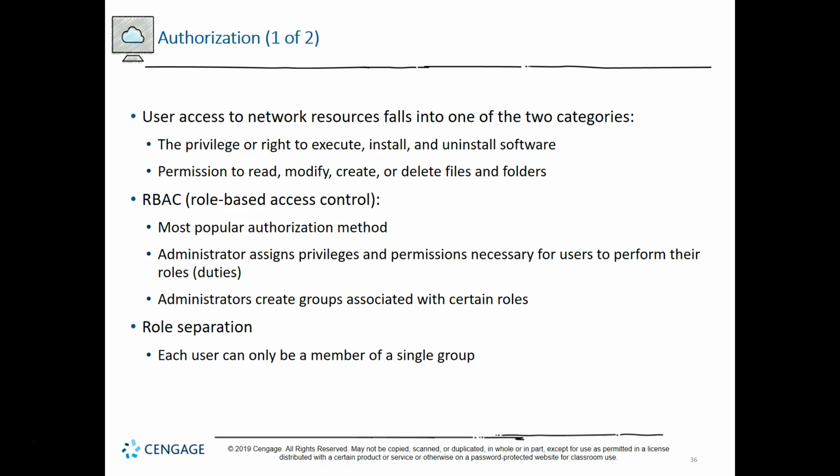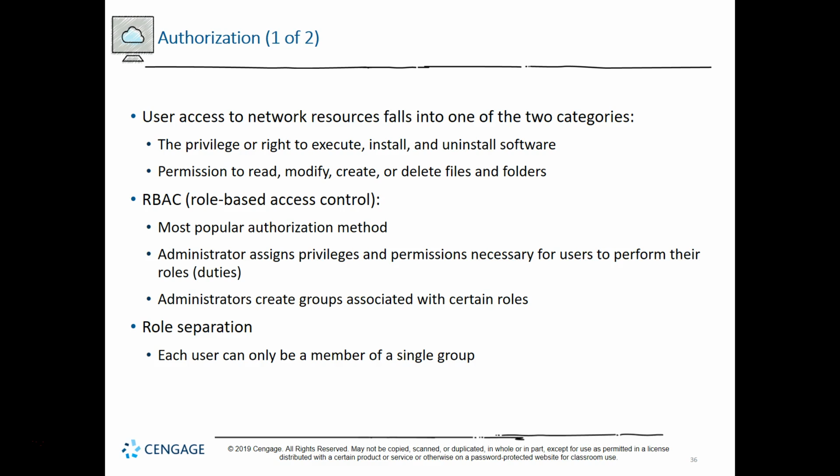So we have a couple of models in there then. We have this idea of role-based. So we create groups, and that group has a set of privileges. So maybe I set up a group called Manager, and we know they all get access to all of the printers, and they get access to a folder that we share out for them called Manager.